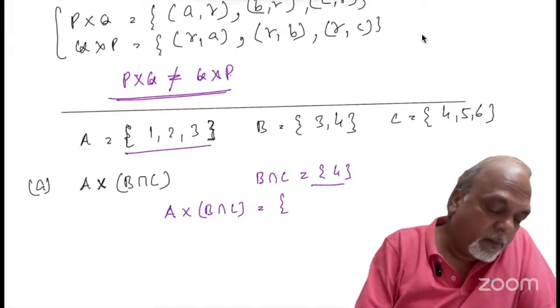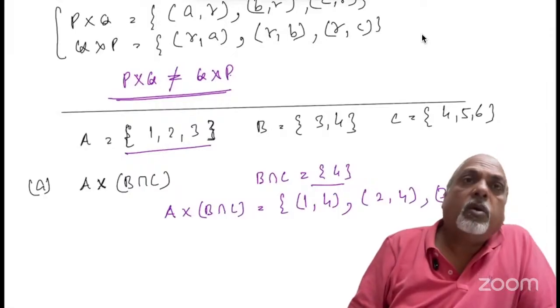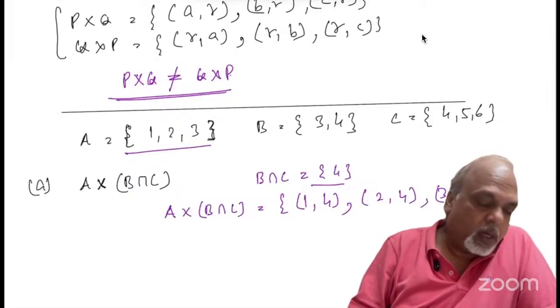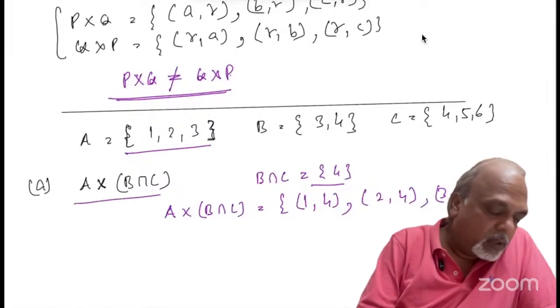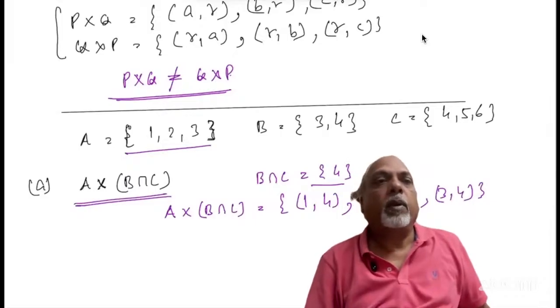That will be basically 1, 4, 2, 4, then 3, 4. So I think there is no doubt in that. This is how, if there are such types of questions, you can solve them. Correct?